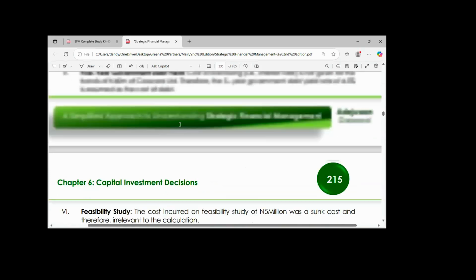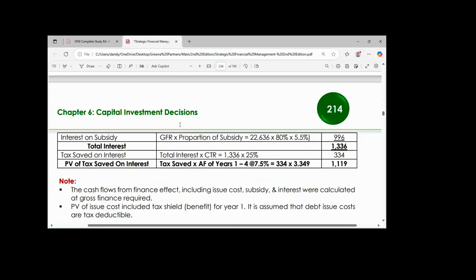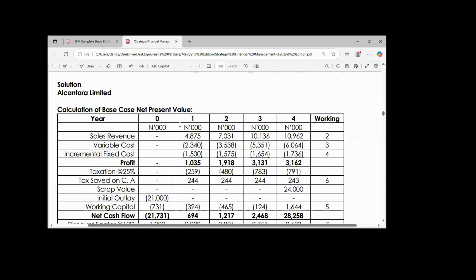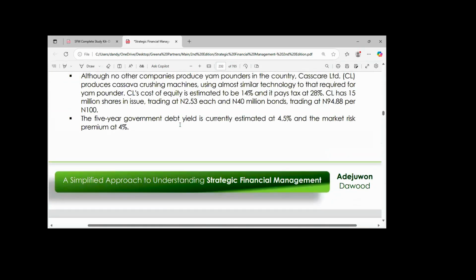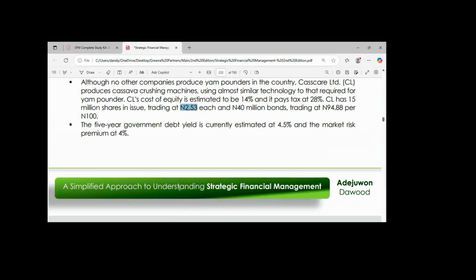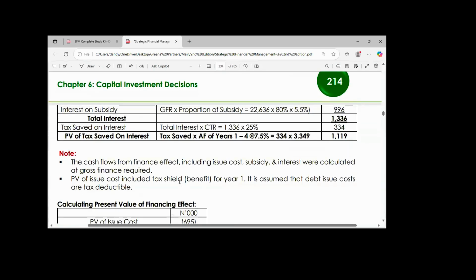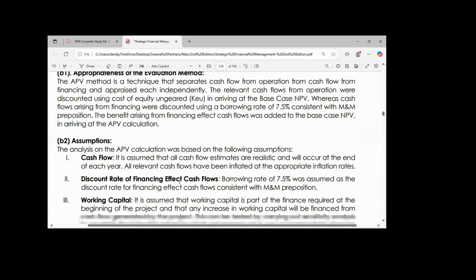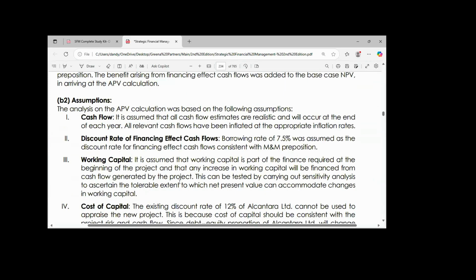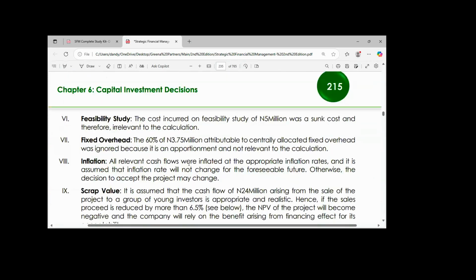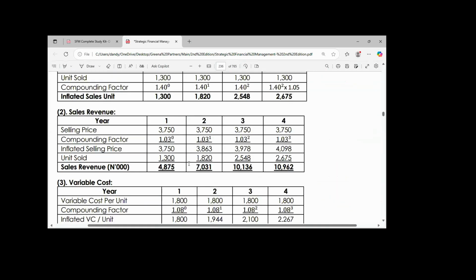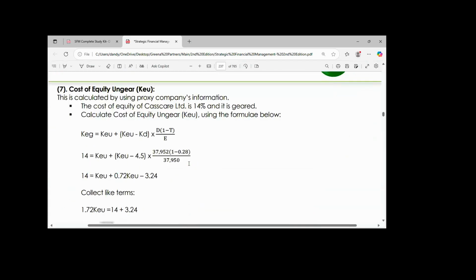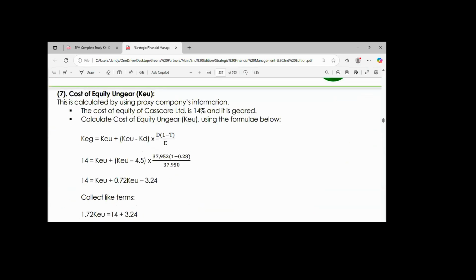Market price of the proxy shares: yes, 2 naira 53 kobo. So the value of equity is the number of ordinary shares multiplied by share price. So the 15,000 multiplied by 2.53 produced 37,950. Let me confirm that.